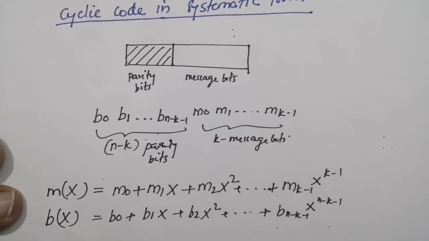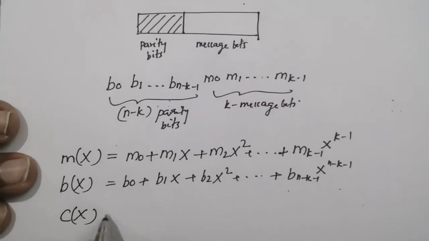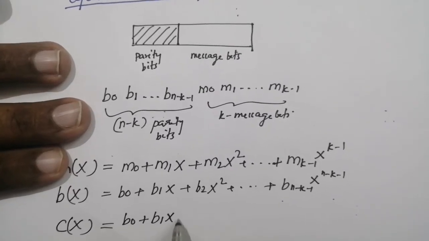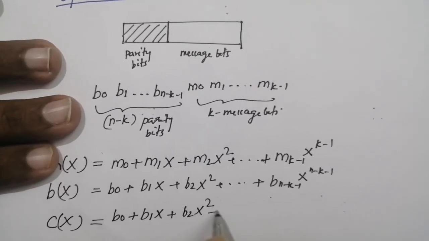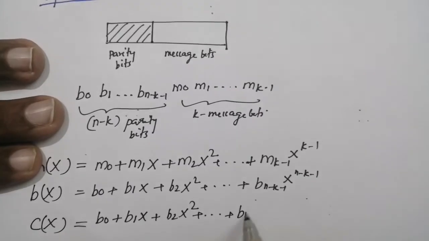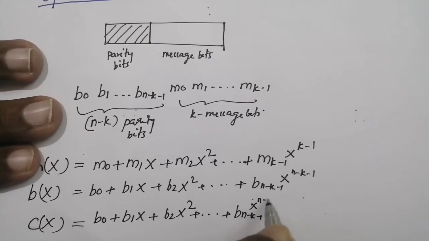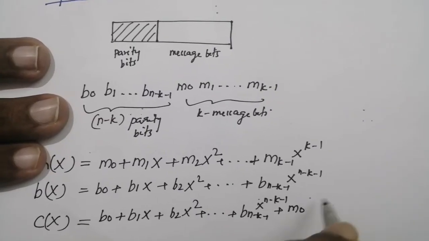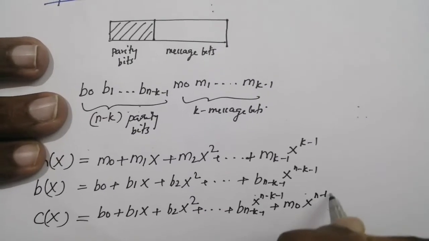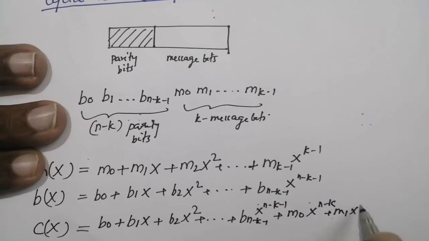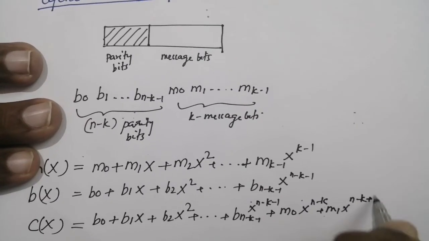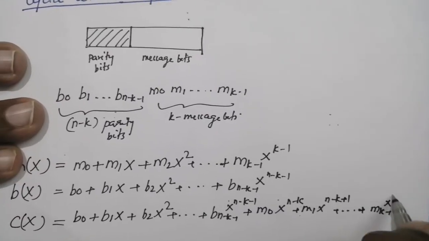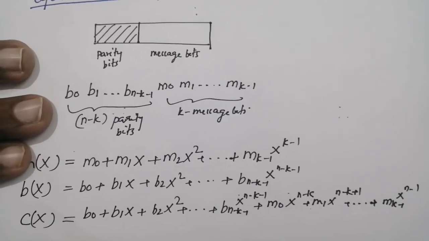So in this way we can write the code polynomial as c of x equal to b0 plus b1 x plus b2 x square plus etc. plus b_(n minus k minus 1) x raised to n minus k minus 1 plus m0 x raised to n minus k plus m1 x raised to n minus k plus 1 plus etc. plus m_(k minus 1) x raised to n minus 1.